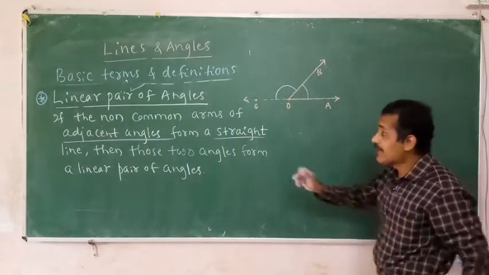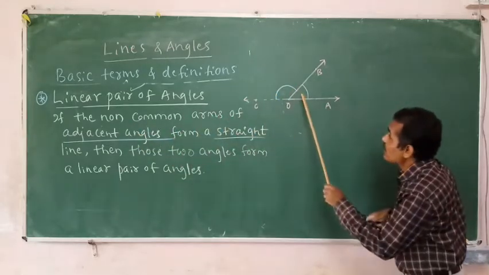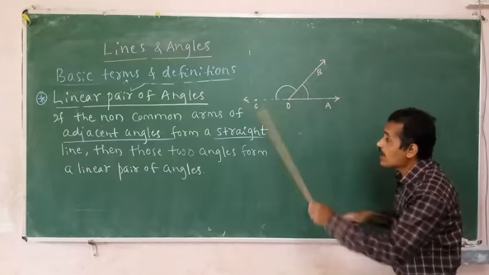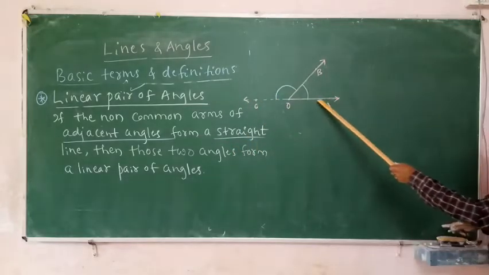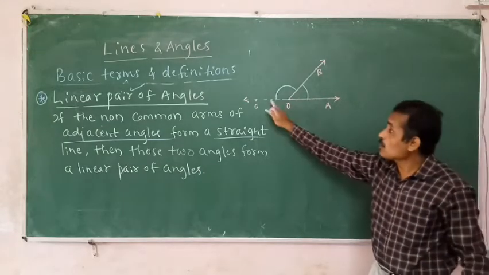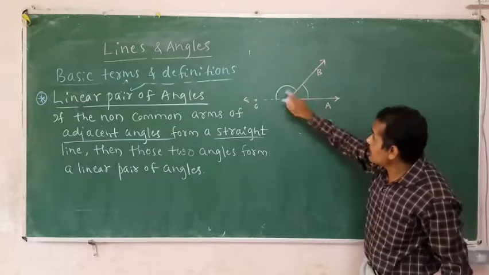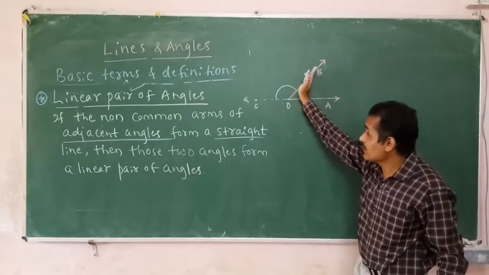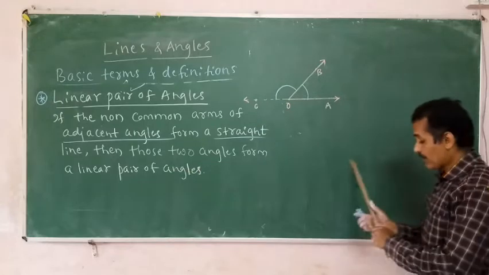First condition satisfied. And they say the non-common arms, these are called the non-common arms, must form a straight line. They are forming a straight line. If the non-common arms are forming a straight line and the two angles are adjacent angles, then these two angles are called a linear pair of angles.